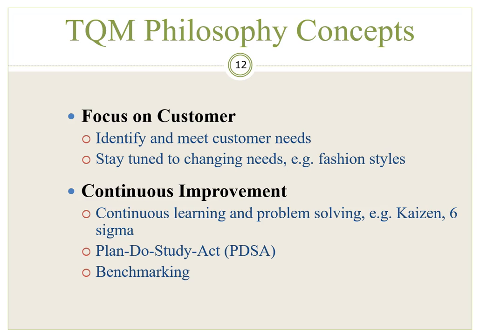Also, take a moment to think of a company that you use on a regular basis, whether it's their product or their service. Go to their website, see if you can find any signs, whether they have posted news articles or things like that on their website, of implementing continuous improvement, whether it's through Kaizen, Six Sigma, or Plan, Do, Study, Act, or benchmarking.